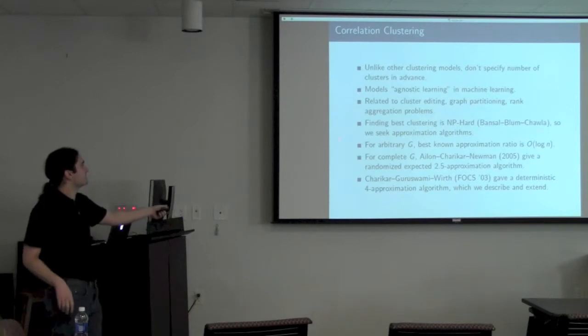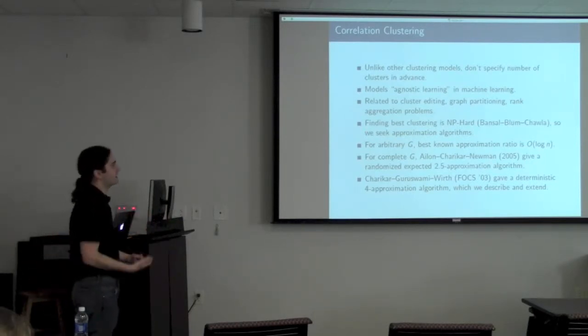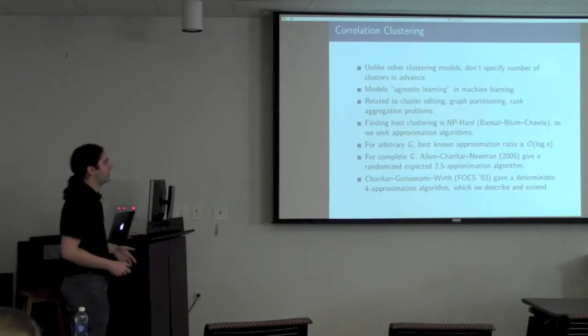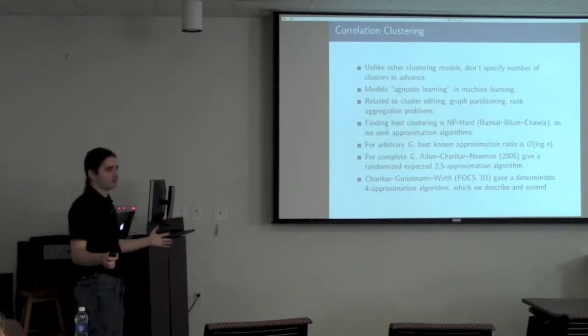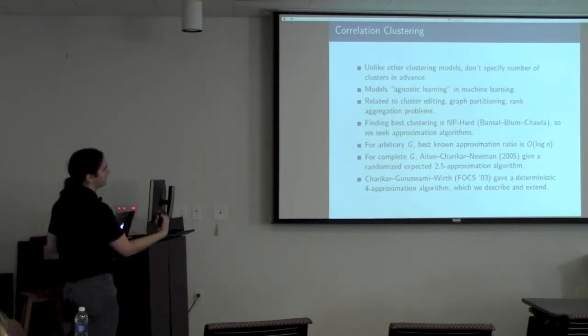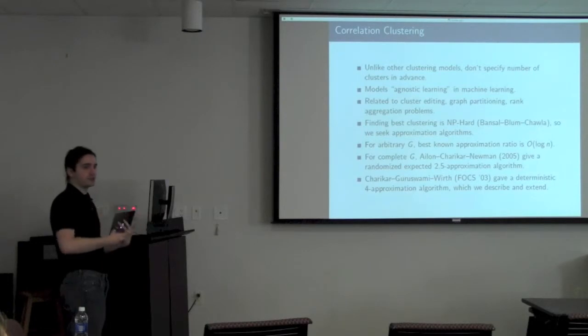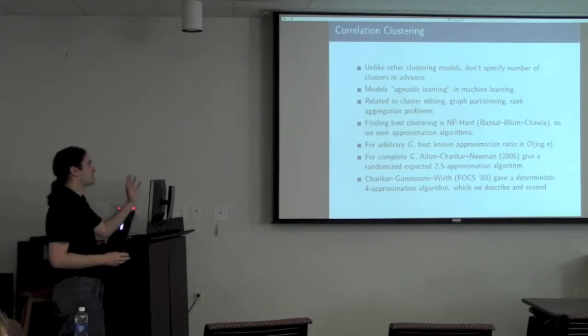Of course, as you might expect, finding the actual best clustering is NP-hard. So what we look for instead are approximation algorithms. In this context, there are two ways to think about what you're trying to approximate. I guess it depends on whether you're an optimist or a pessimist.